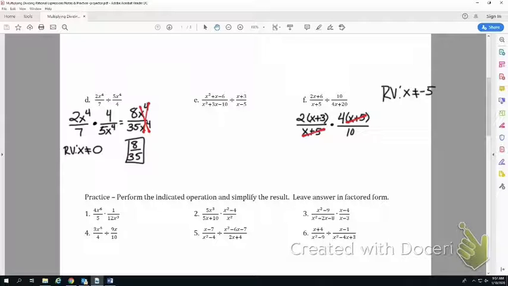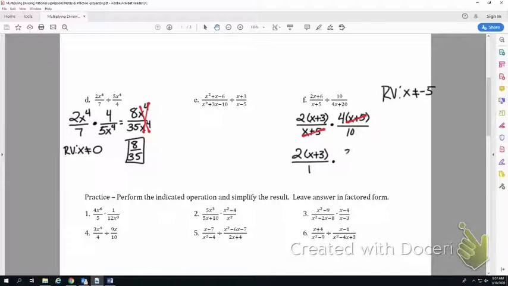Do I have anything else that can reduce? 4 over 10 can reduce to what? 2 over 5. So I've got 2 times x plus 3 over 1, because everything down there canceled. And I'll go ahead and keep it as a fraction.